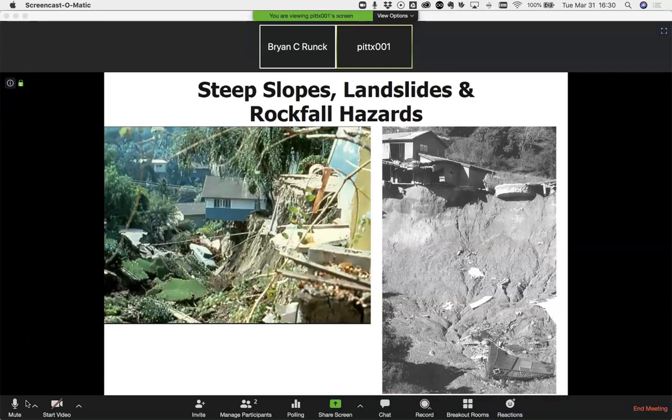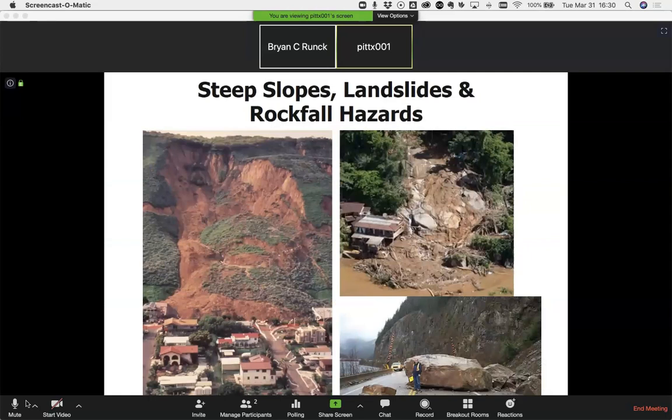We can see a situation here where we have a rock slide immediately adjacent and exposing material in the face of the slide itself. Here we can see a rotational slide of a mountainside that has slid down into an adjacent neighborhood.